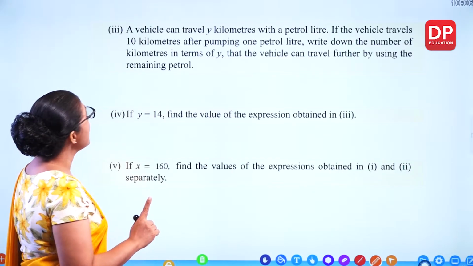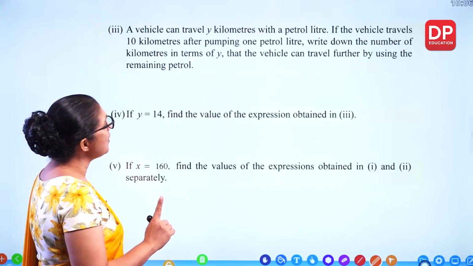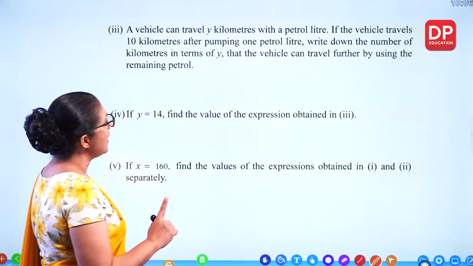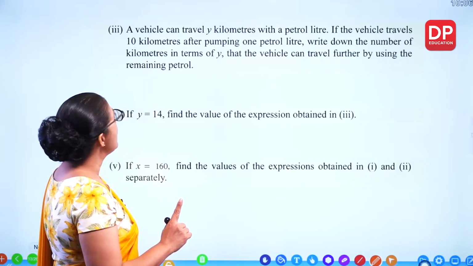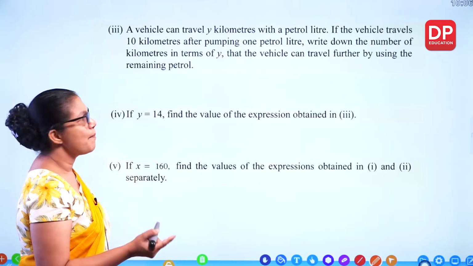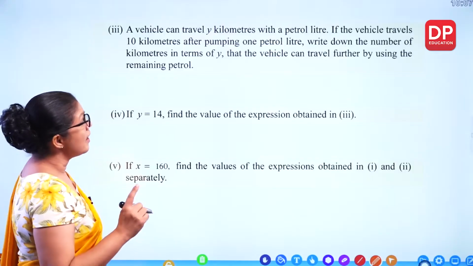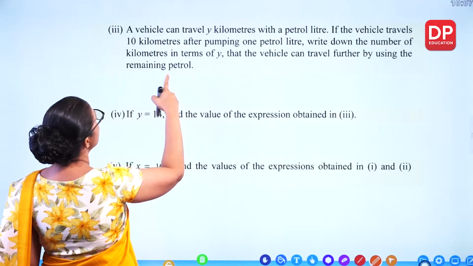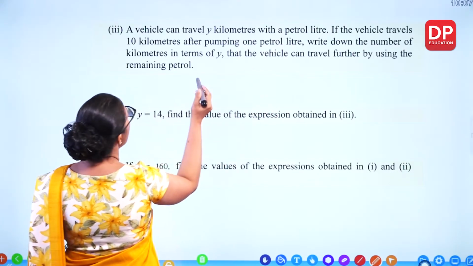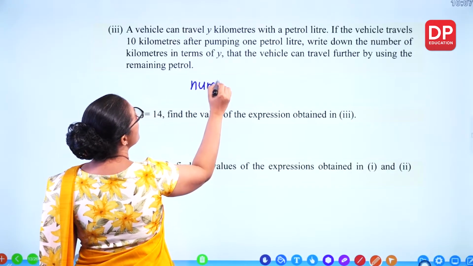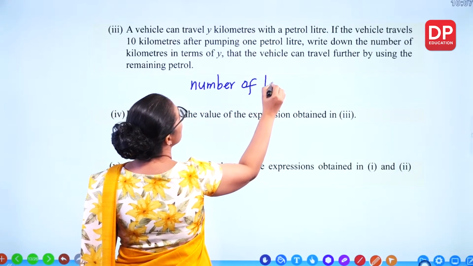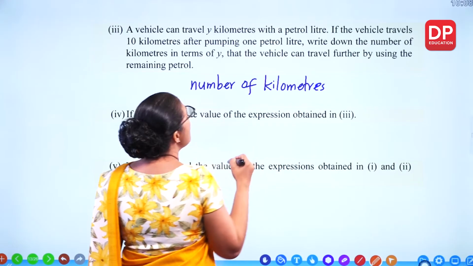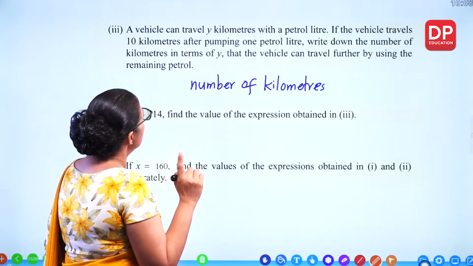A vehicle can travel Y kilometers with a petrol liter. If the vehicle travels 10 kilometers after pumping 1 petrol liter, write down the number of kilometers in terms of Y that the vehicle can travel further by using the remaining petrol. So here we have to find the number of kilometers that can travel with the remaining petrol.